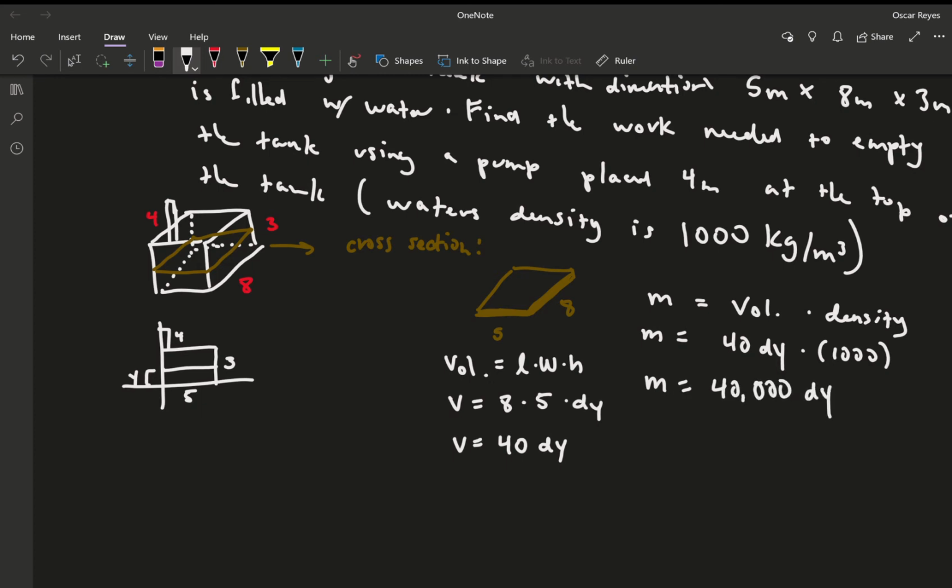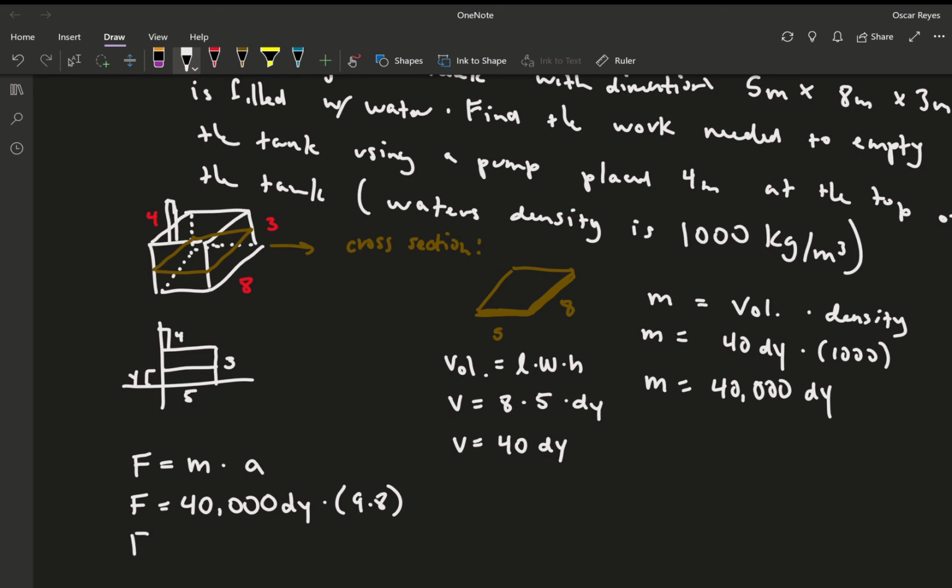Now that we have our mass, we can input that into our force formula. So our force is equal to mass times acceleration. And we know that our force is equal to 40,000 dy times our acceleration, which is a constant, 9.8 meters per second squared.